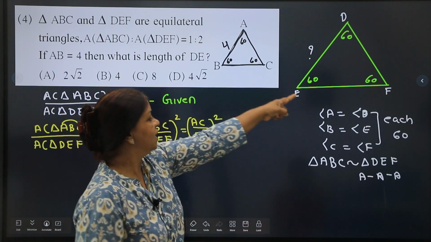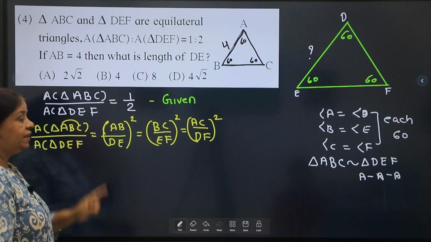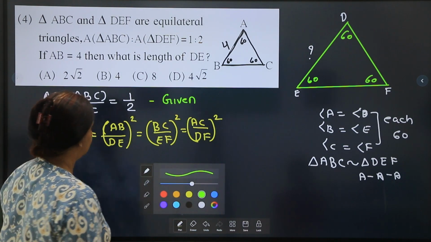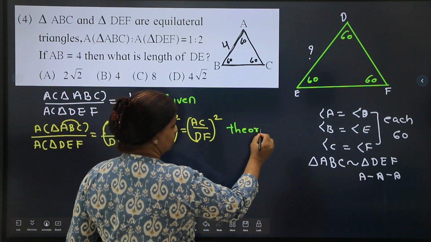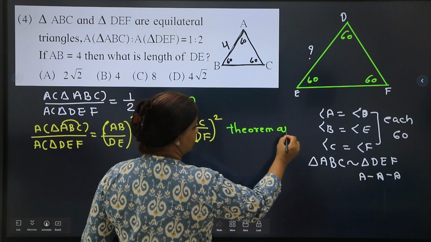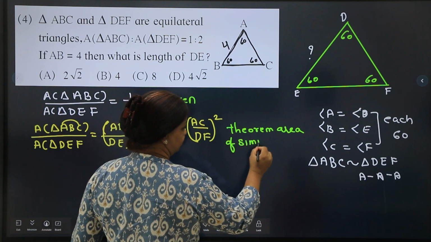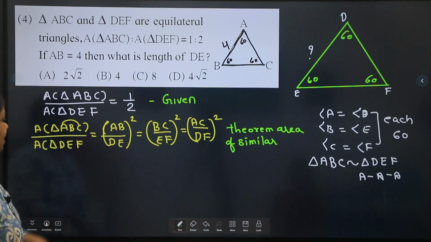So these two triangles are similar and the ratio of area is given, then I can use the theorem of area of similar triangle. This is the theorem of area of similar triangle.